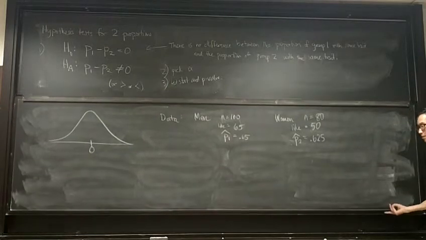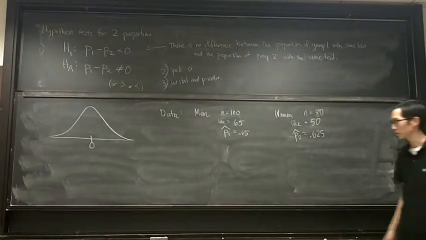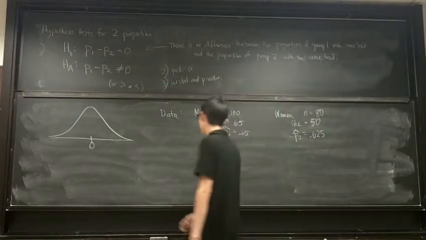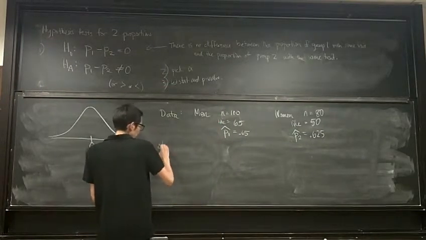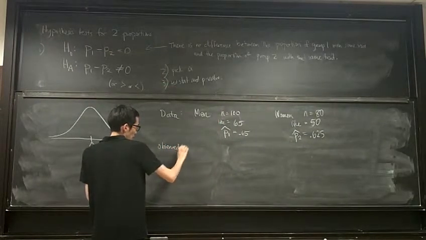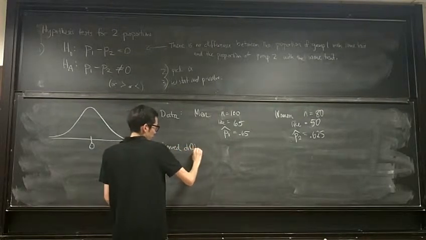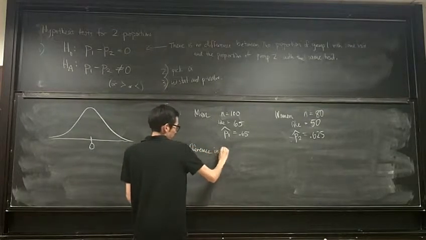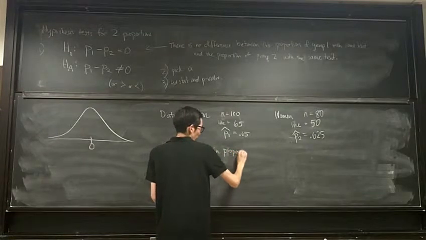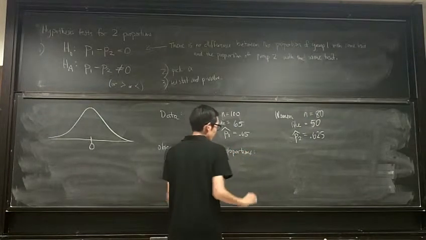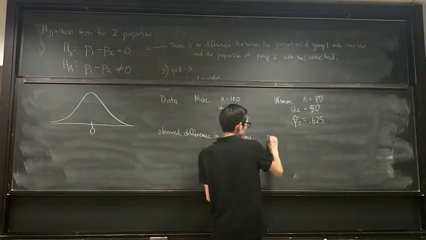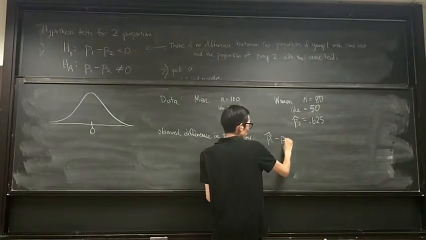Alright, so we're just making up some numbers here. So what is our observed difference in proportions? Our observed difference in proportions is going to be P1 hat minus P2 hat.